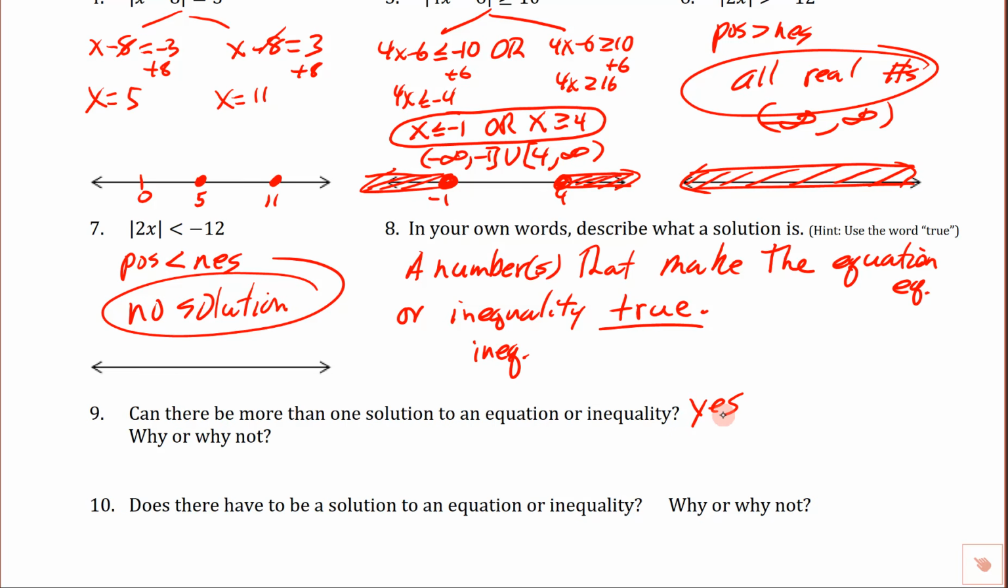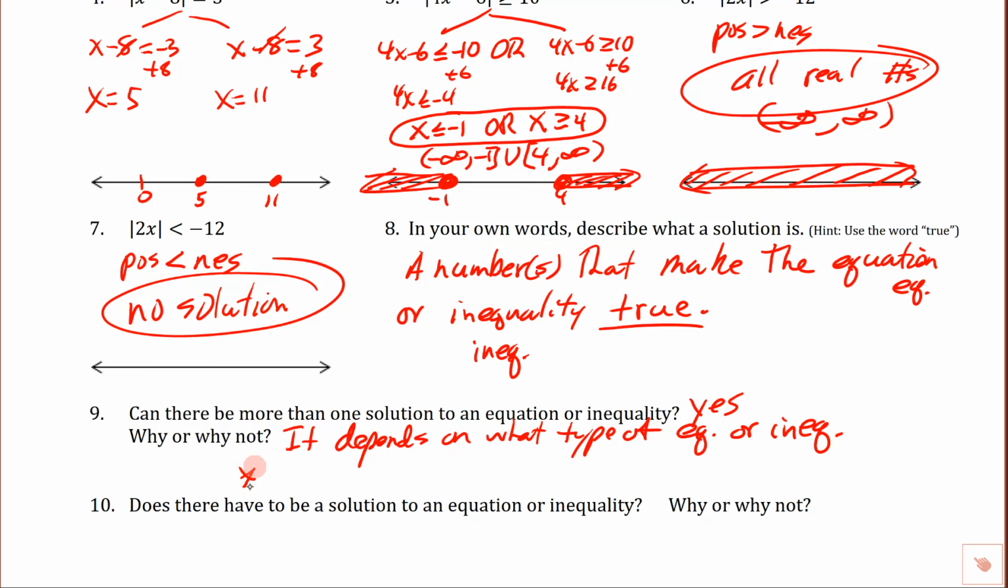Well, it just depends on what type of equation or inequality we're solving. So it depends on what type of equation, and I'll just write EQ or INEQ, we're solving.